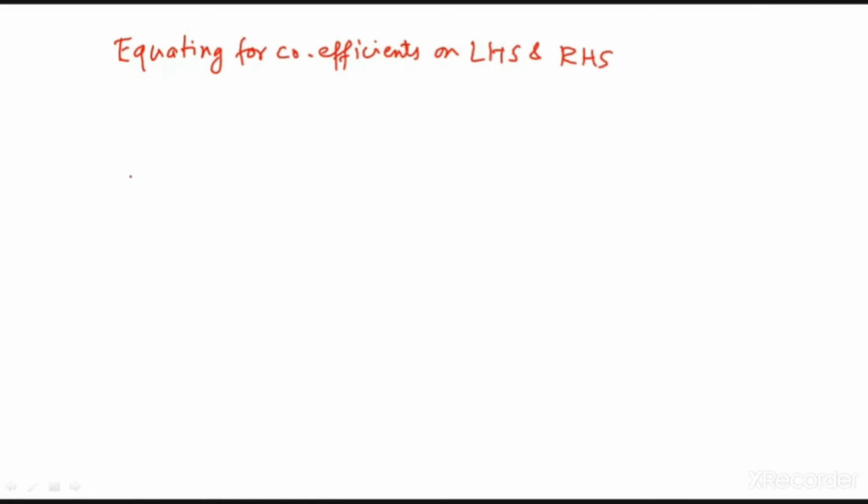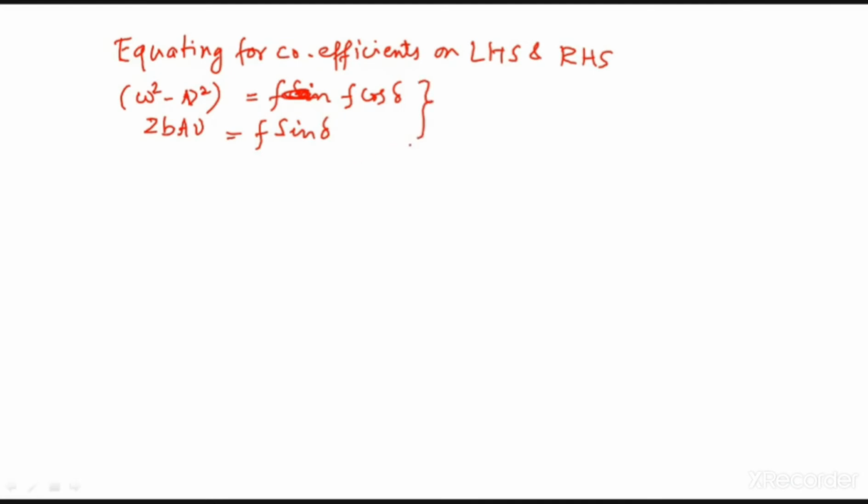It is omega square minus mu square is equal to this, cos of delta. And here, equating for the coefficients of cos of omega t minus delta and sine of mu t minus delta, we will get this expression.